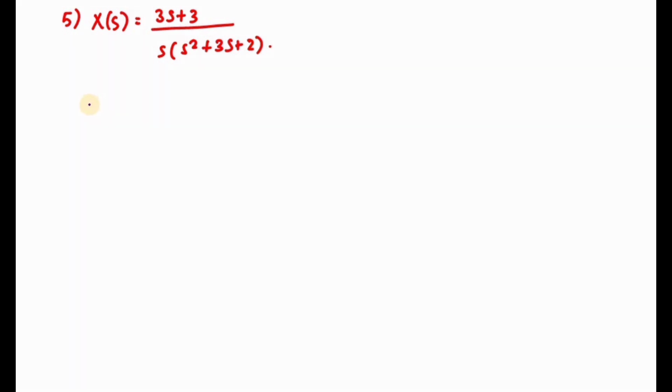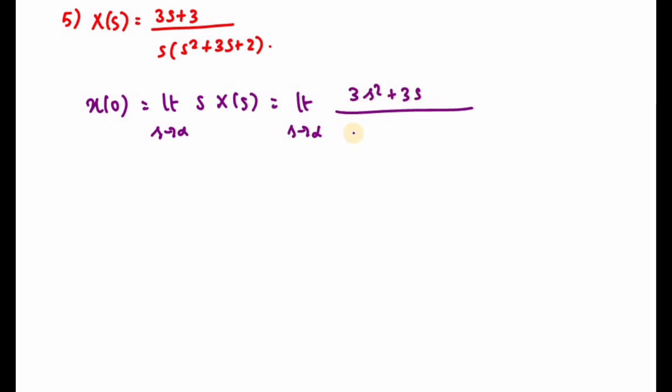So next, if I want to find the value of x of 0, it is equal to limit s tends to infinity s into X(s). Okay, this is the initial value theorem. So limit s tends to infinity, you will get (3s squared plus 3s) divided by s into (s squared plus 3s plus 2).